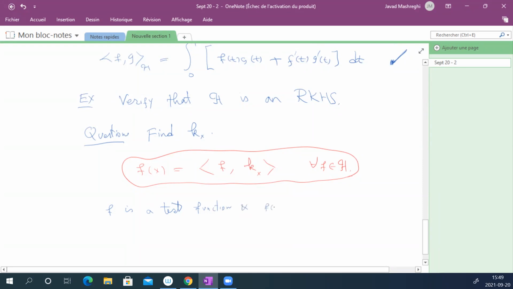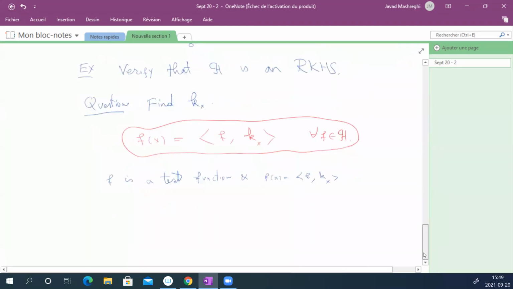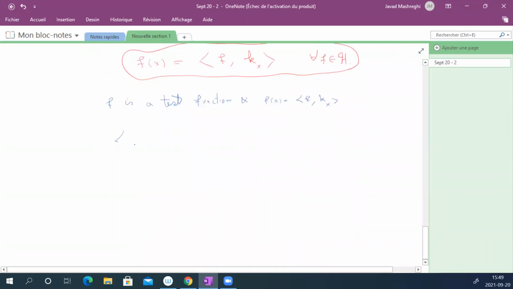And f of x is equal to f inner product with kx, which means that now let's see what is f inner product with k. In this case, it's the integral from 0 to 1 of f(t) kx(t) dt, plus f prime(t) kx prime(t) dt.